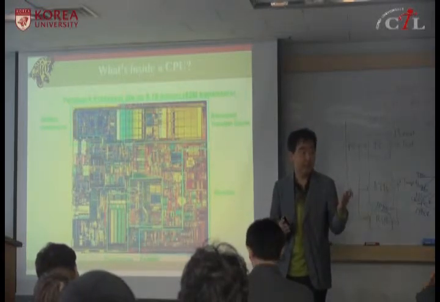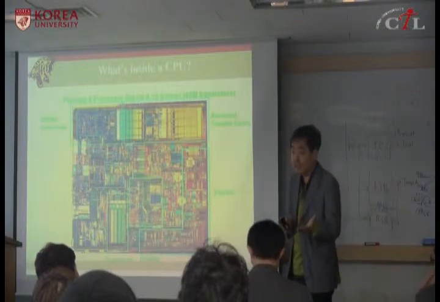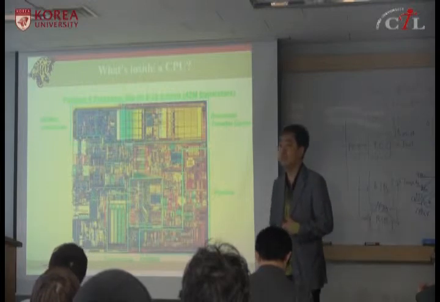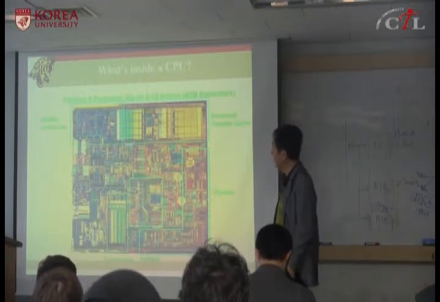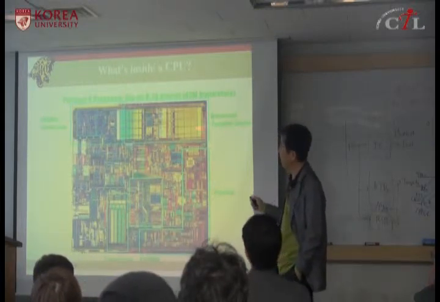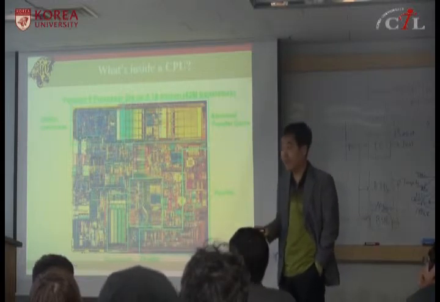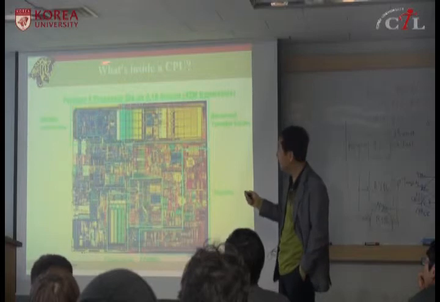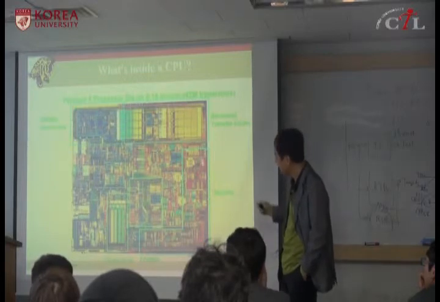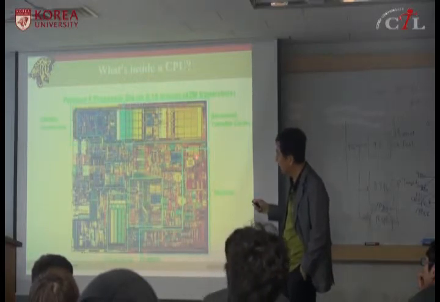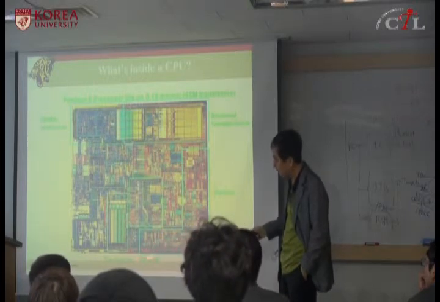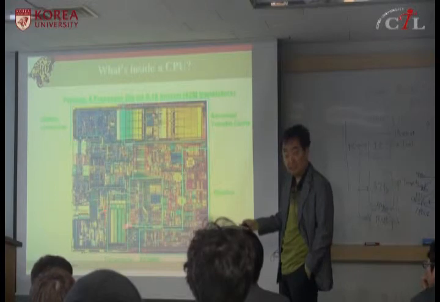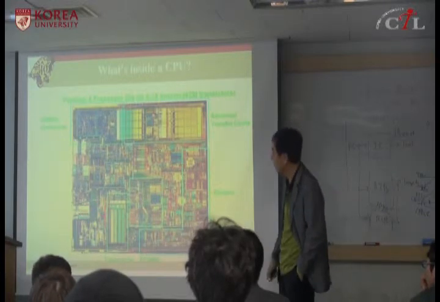You have studied NAND gate latches, NOR gate latches. SRAMs are latches. So this advanced transfer cache, cache means SRAM. So you have NAND gate latches. And these are the pipeline, which means fetch, decode, and you have the floating point unit. Trace cache is an instruction cache. Another latch, NAND gate latches, and so on. Okay?